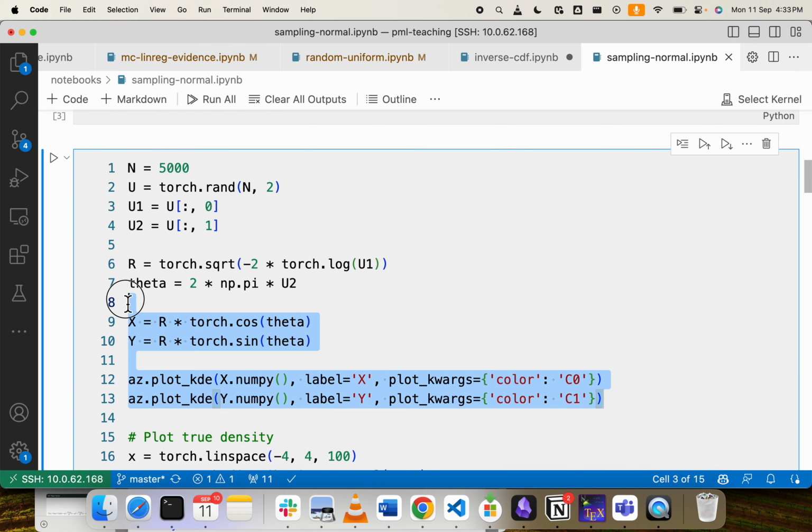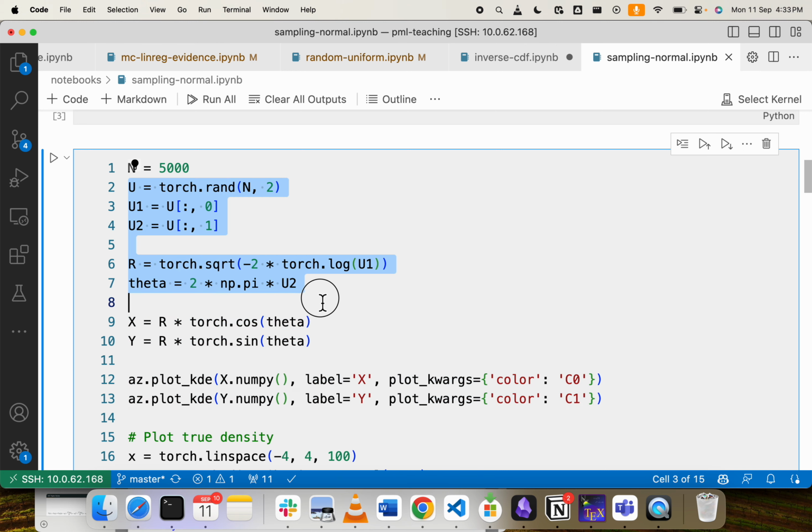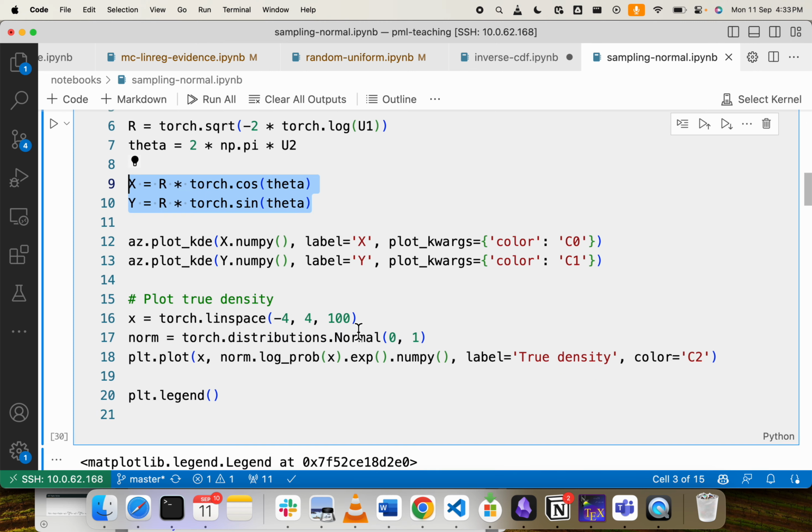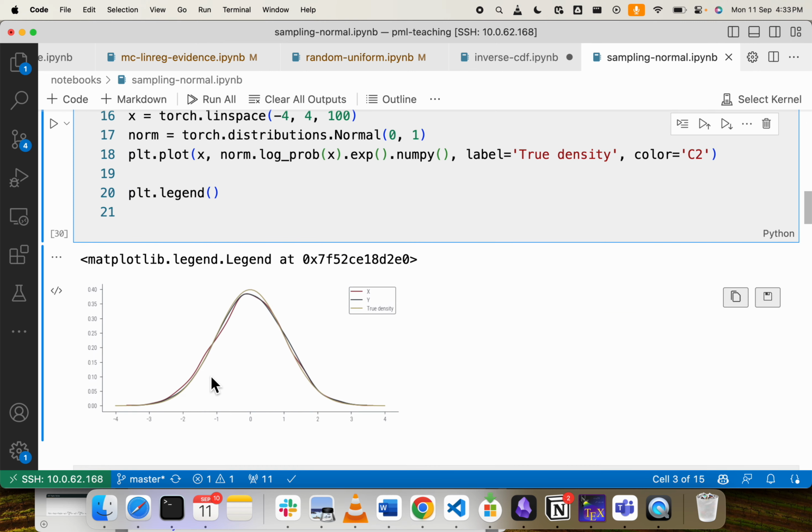So essentially we need to do something like this. You generate samples from the uniform distribution, you figure out the r and theta, and then you write x equal to r cos theta and y equal to r sin theta. And through this, we are able to get the true density of the normal distribution, which you already know.